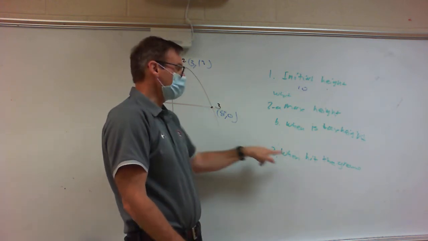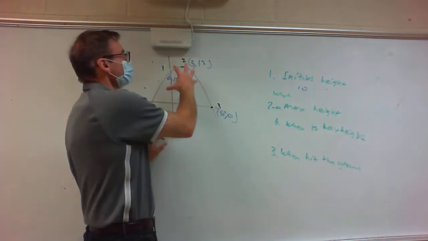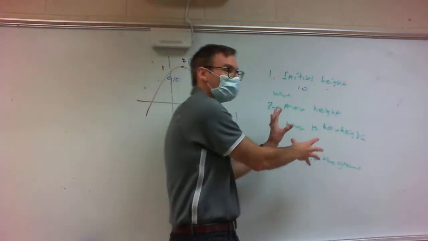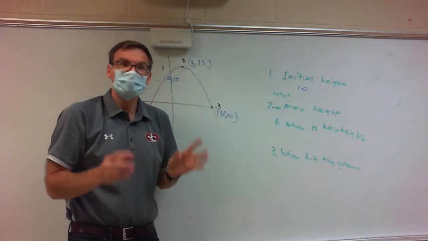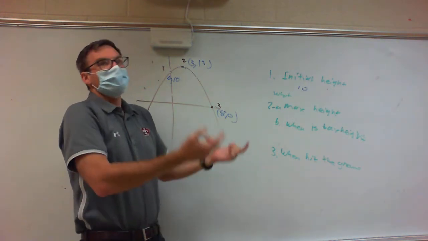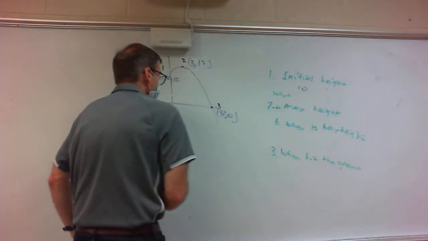It takes 8 seconds to hit the ground. So if you can understand how you can answer these questions with this picture, you understand what's going on. And now what I need to do is combine this with what we've done as far as graphing goes. And here's what that looks like.